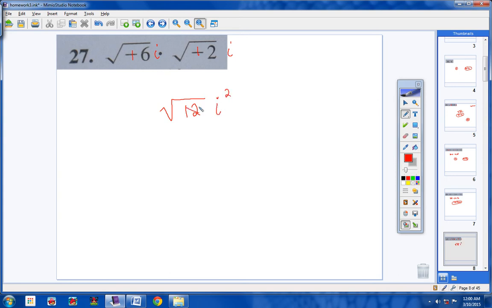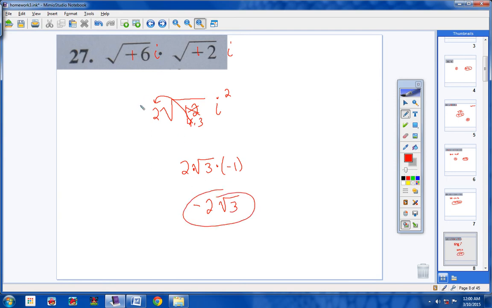Now, 12 can be broken down into 4 times 3. Cross off the 4, put a 2 on the outside. The square root of 4 is 2. So we have 2 square root of 3 i squared, which is really a negative 1. So 2 times the square root of 3 times negative 1 is just negative 2 square root of 3.